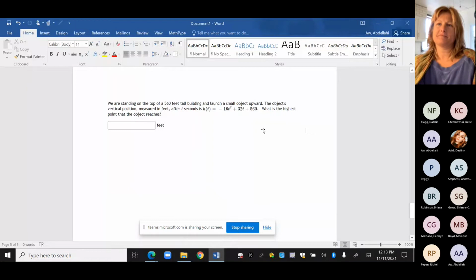If I just ask you, what was the height of the object after 5 seconds of the launch? What do you do?